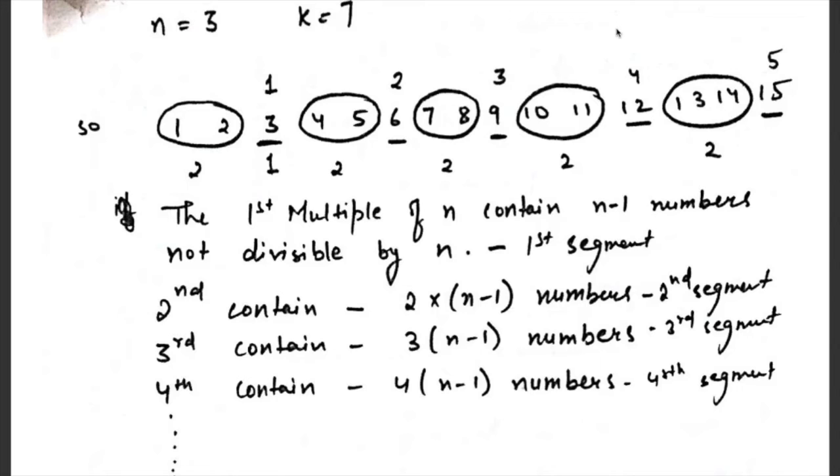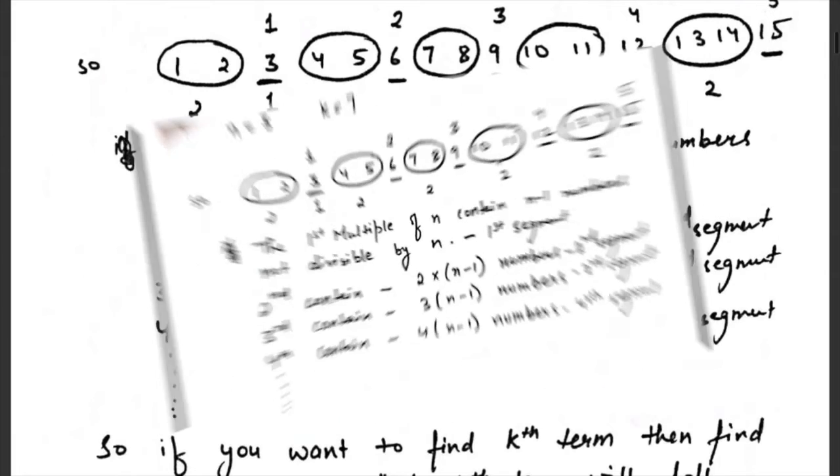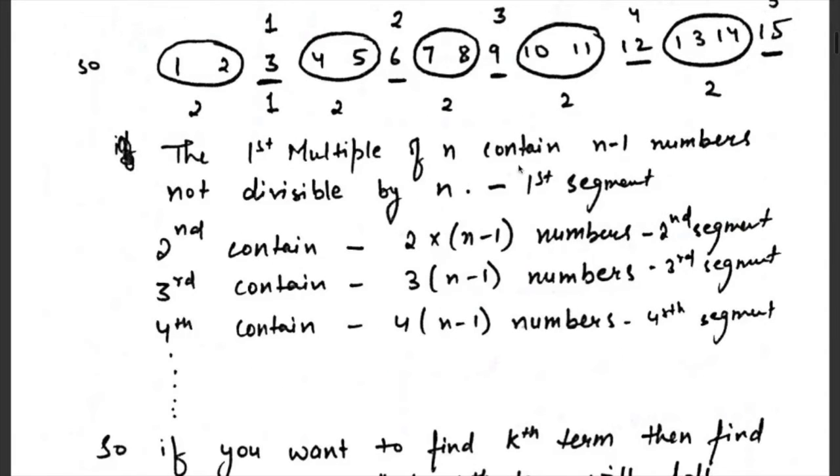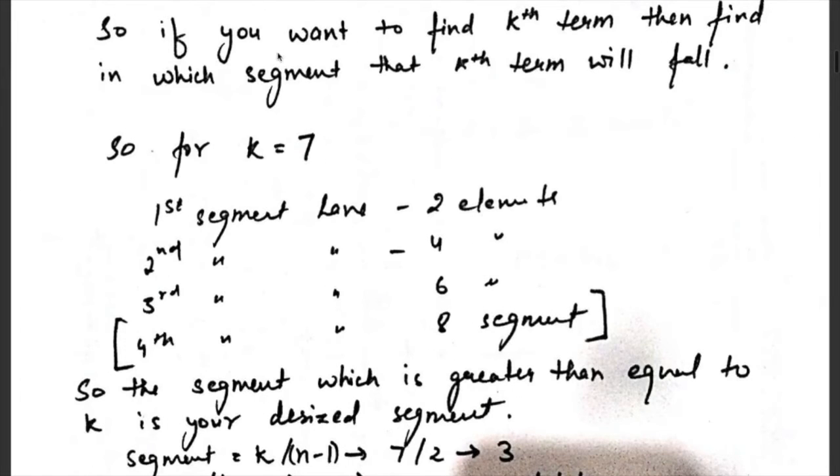So let's check how to find the segment in which our kth number is present. The first multiple of n has n minus 1 numbers not divisible by n before it. That will be our first segment. The second multiple will contain our second segment, the third multiple our third segment, the fourth multiple our fourth segment, and likewise.